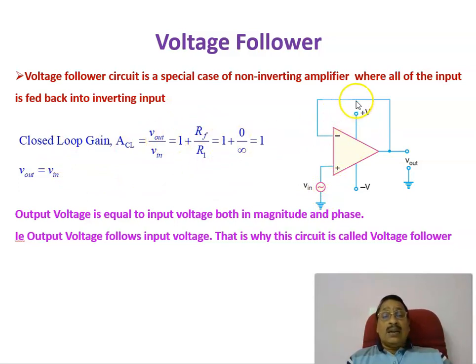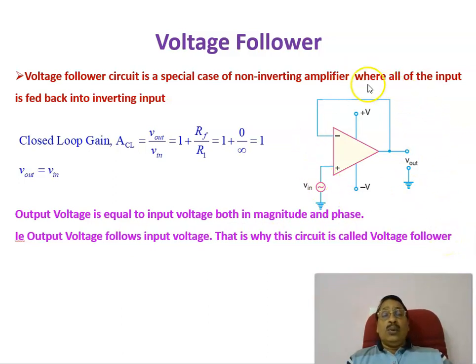But in this case, RF is equal to 0 and R1 is equal to infinity, so you get 1 plus 0 by infinity, which equals a gain of 1. This means the output voltage is the same as the input voltage. Gain equal to unity means whatever input signal you give, the same thing will be available at the output, both in magnitude and phase. That means the output voltage follows the input voltage. That is why this is called a voltage follower circuit.